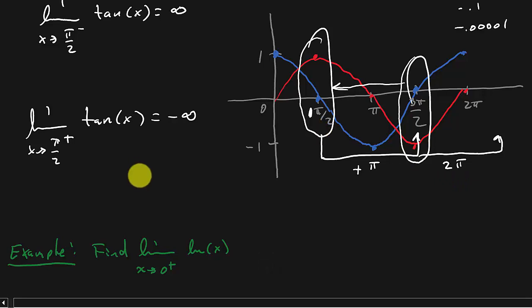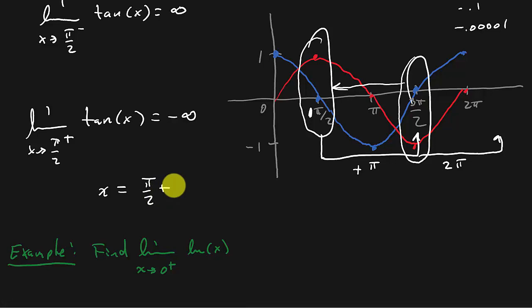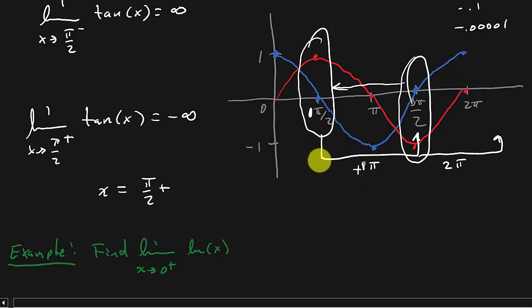So it looks like my vertical asymptotes would be x equals pi over 2, and then I'm adding 1 pi, 2 pi, 3 pi. See, I'm adding 1 pi to this, then I'm going to add 2 pi, and then if I went even further, I would add 3 pi. I would add and subtract.